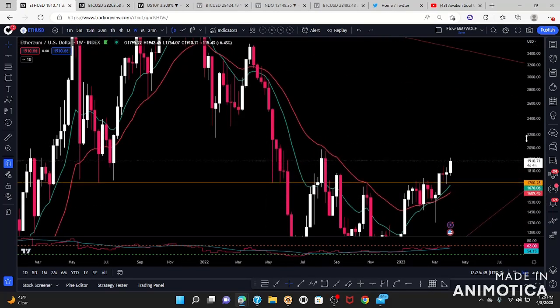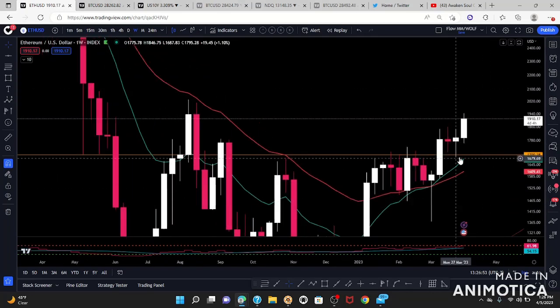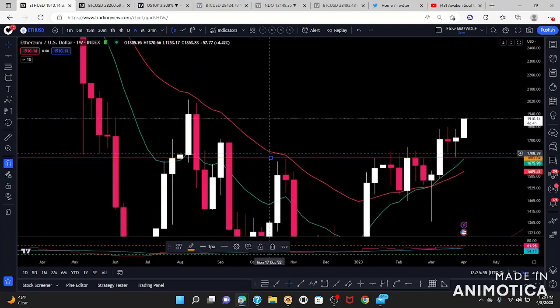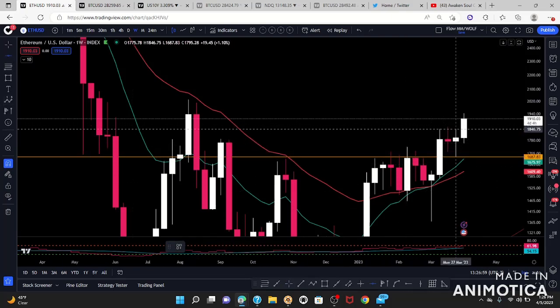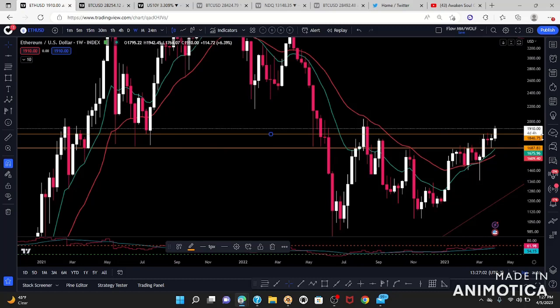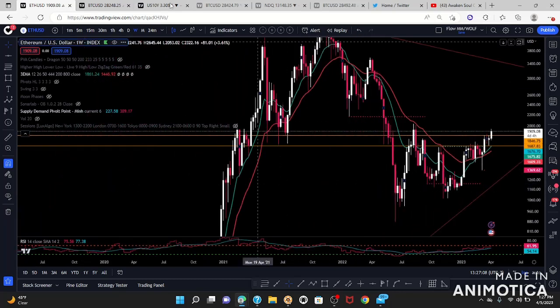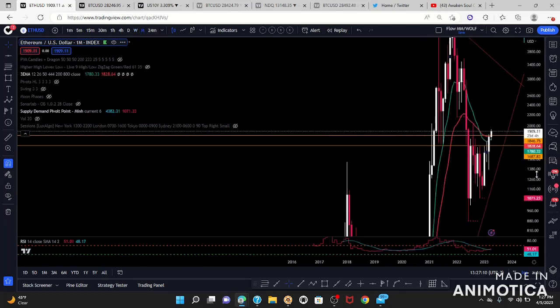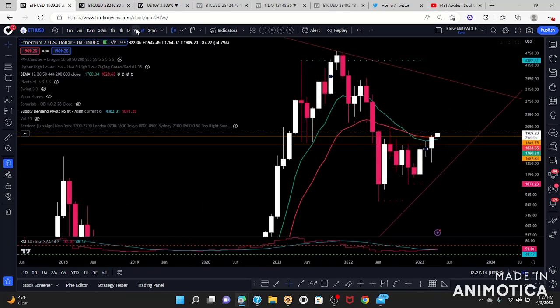Within my weekly, I'm going to set support and resistance based on my previous weekly candle close. So this was my resistance, my support. I want to turn on our supply and demand indicator. I want to see where the next supply zone is; if we didn't mark it on our monthly, then go into your weekly.